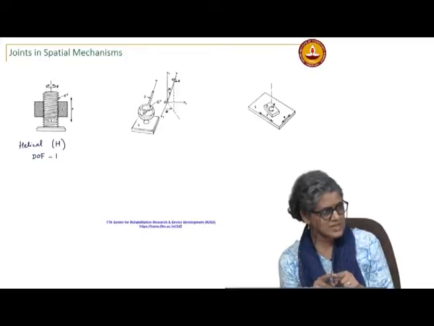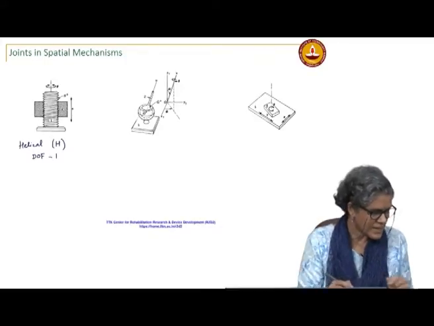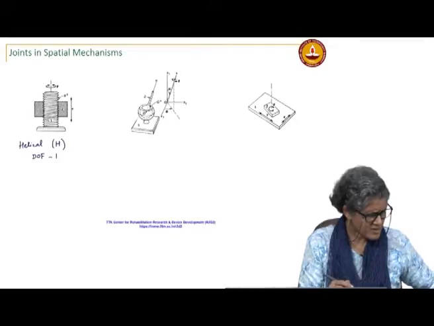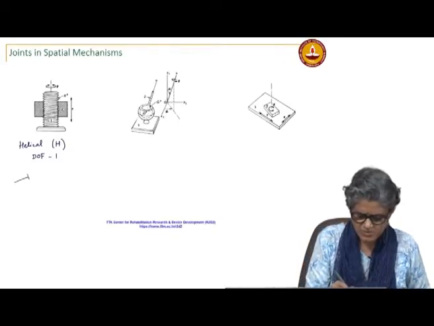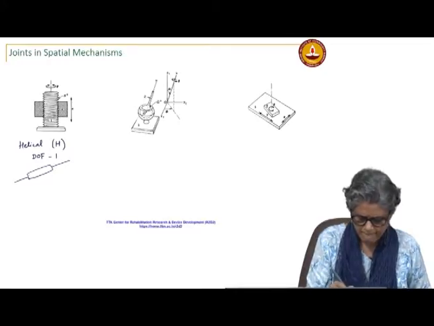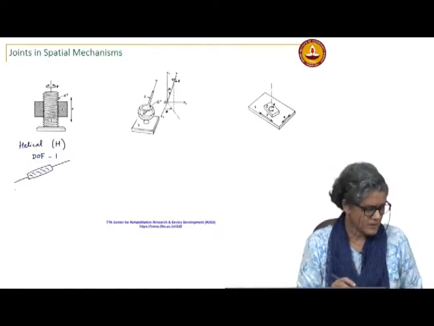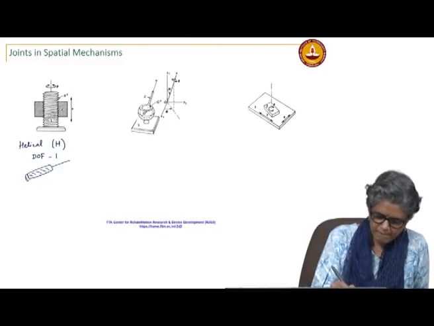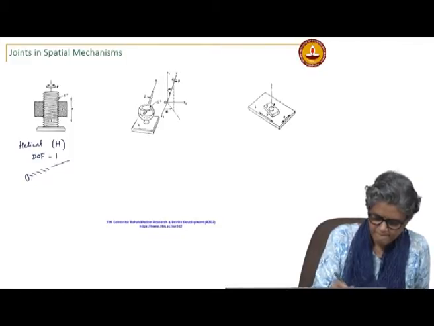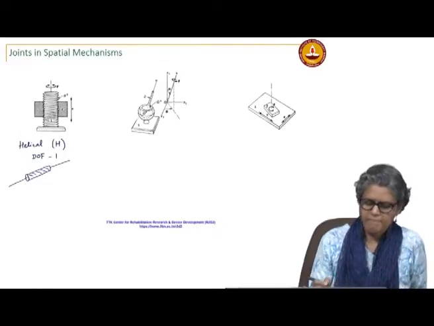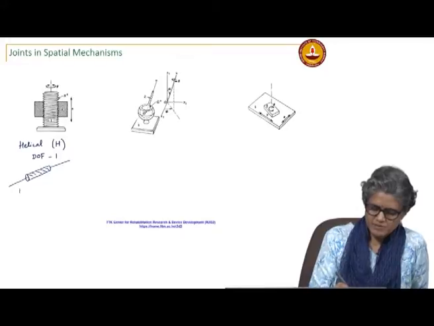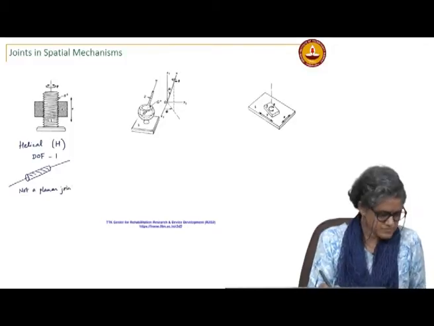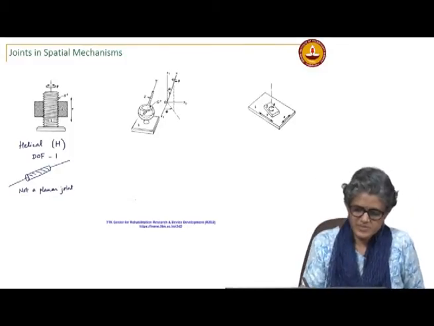Here the two motions are related. Degree of freedom is 1, and it is not a planar joint. So, there is no planar representation for us.